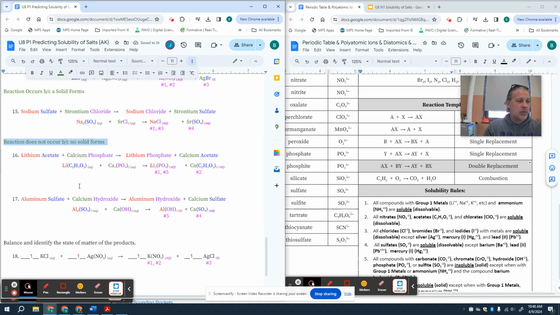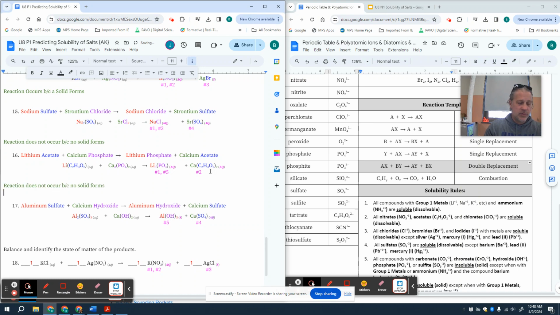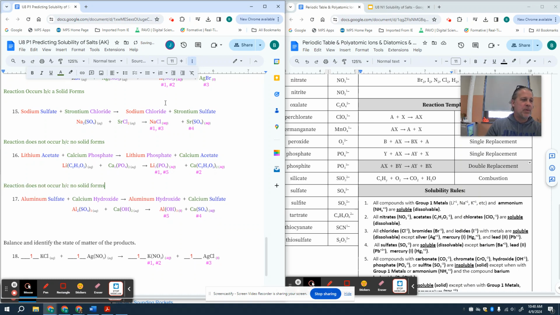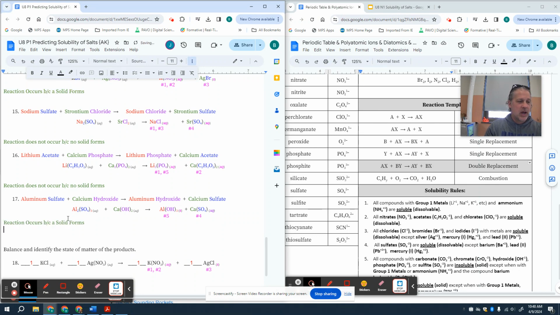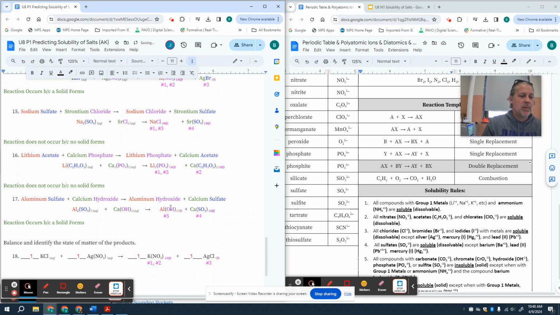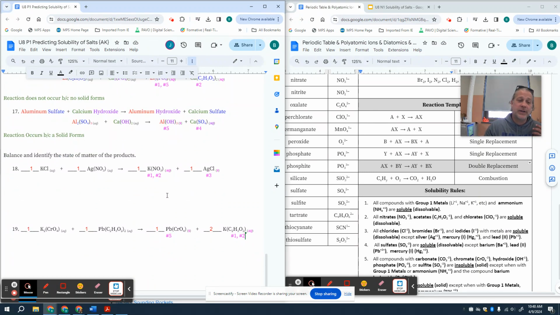And then also with question number 16, you should note that there's an aqueous product and an aqueous product, so the reaction does not occur there as well. But then lastly, yes, the last one does have a reaction that occurs in large part because of the solid forming of Al(OH)3. All right, the last thing that you had to do was go ahead and simply identify if these were aqueous products or solid products, and then you had to throw a little balancing in there. 18 was balanced 1, 1, 1, 1, not too bad.